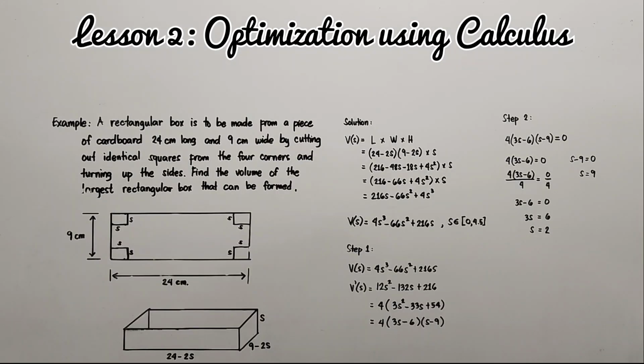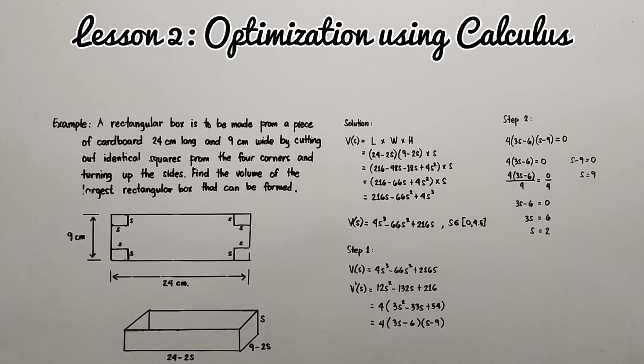Since we have two critical numbers, we have to check which of these is within the bounded interval 0 to 4.5. And that is only s equals positive 2. So our critical value in this problem is only s equals positive 2.